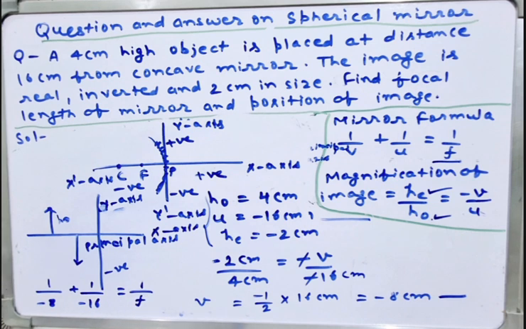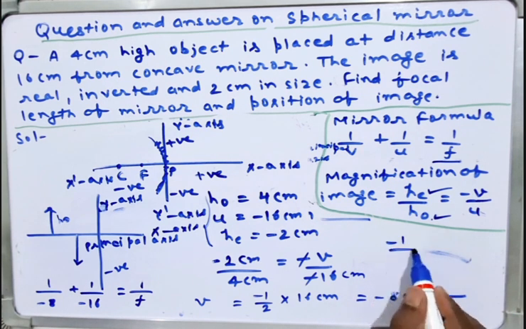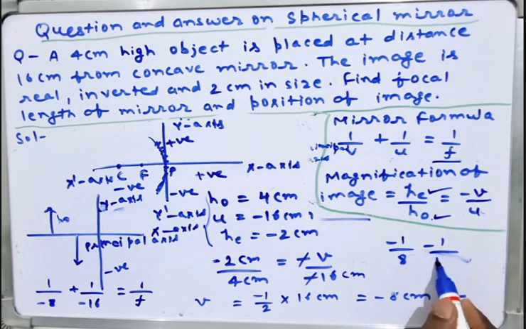Now if we solve this one, it comes here minus 1 by 8 minus 1 by 16 equal to 1 by f.